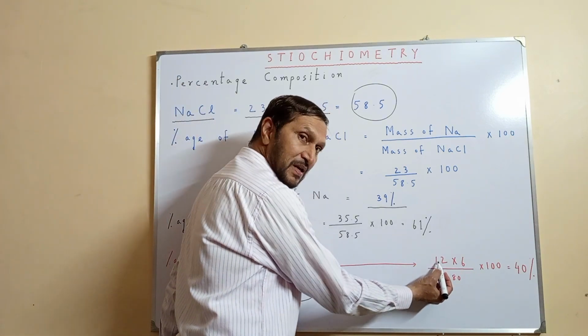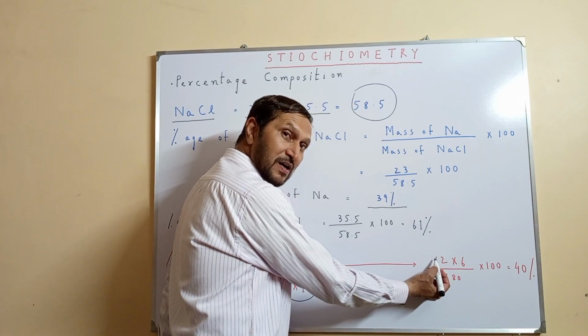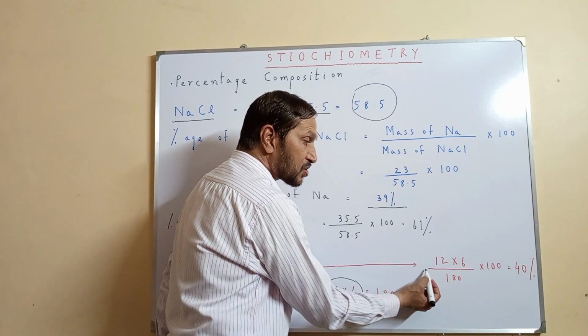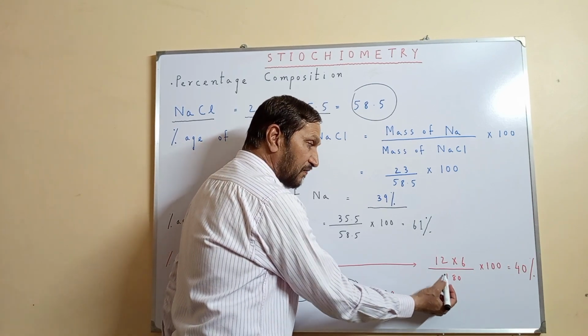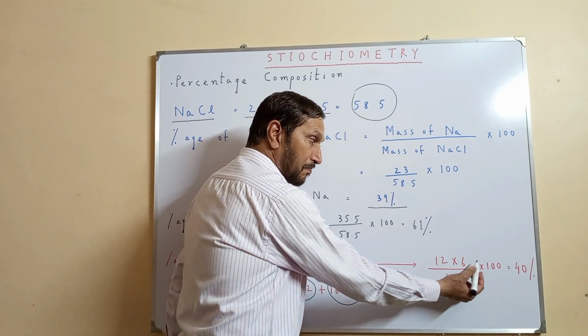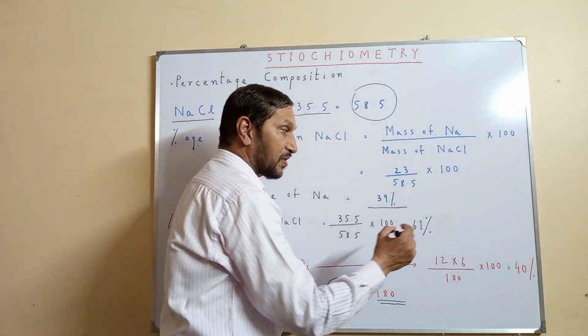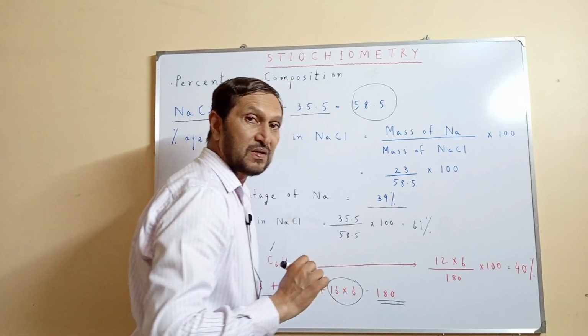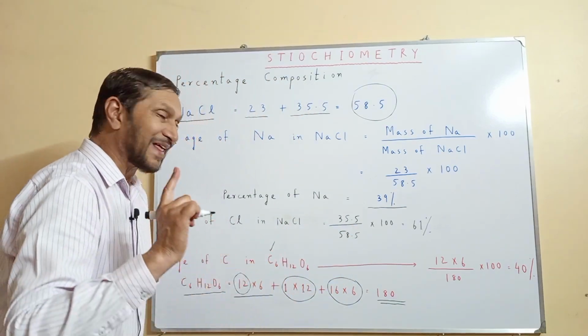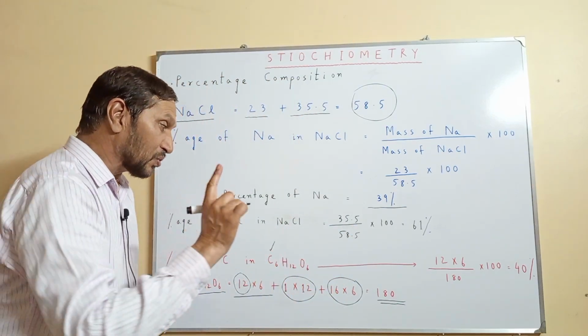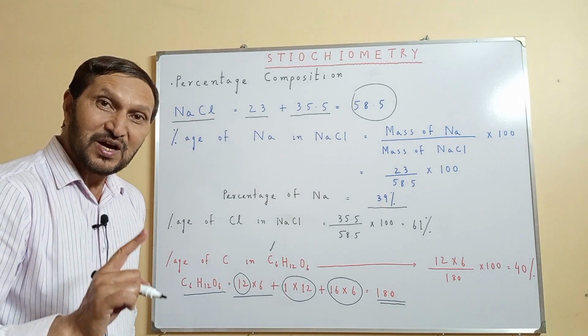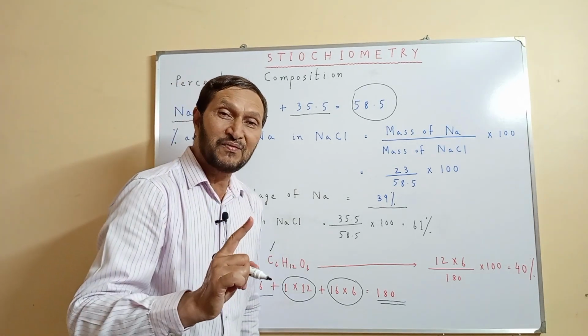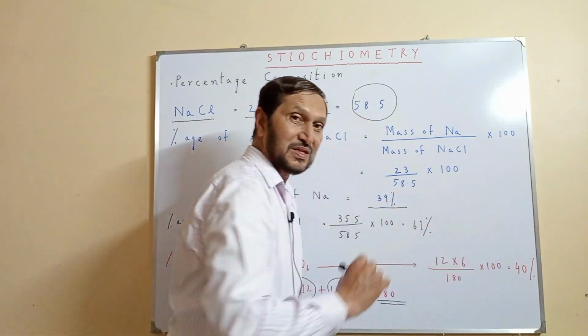So mass of carbon in the formula divided by the total mass of the formula, multiplied by 100, becomes 40%. It means that in glucose the share of carbon is 40%.